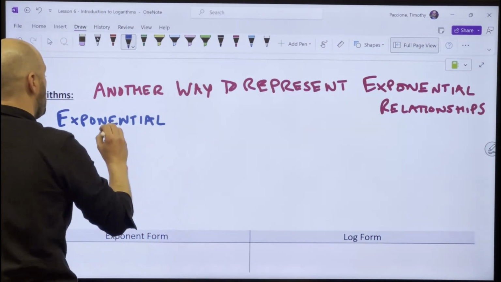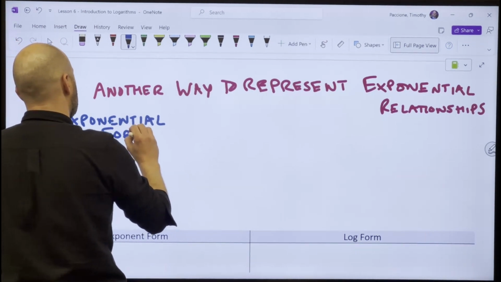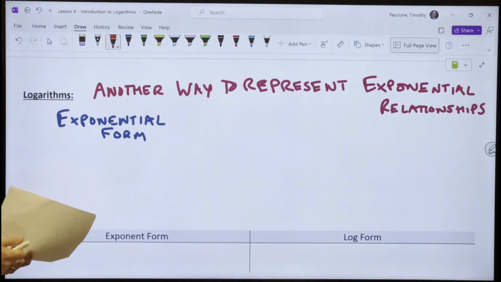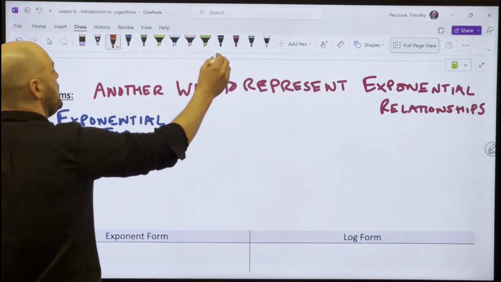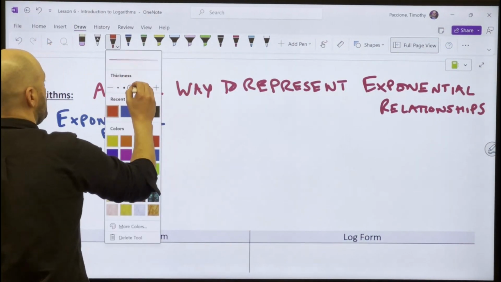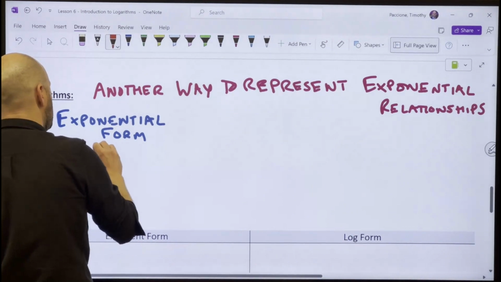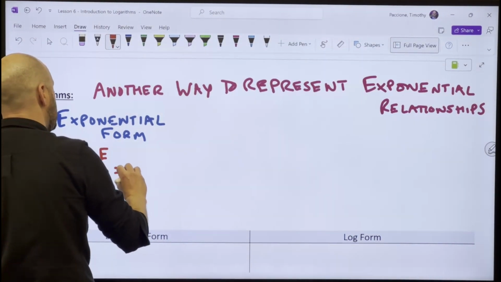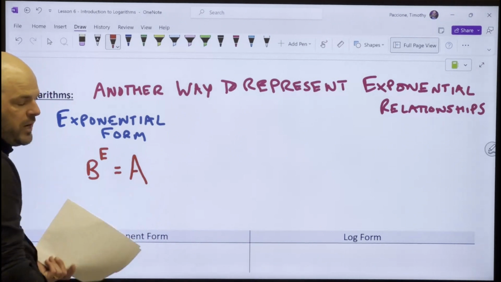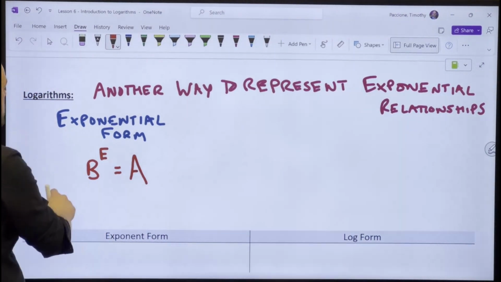The exponential form that we've been using, well, every exponent that we've ever had has a base, an exponent, and then it has an answer, right? And these letters I'm just using to be friendly.